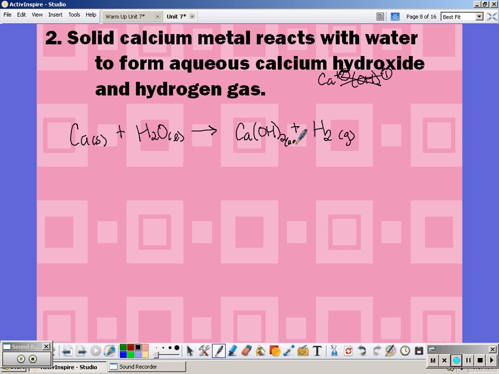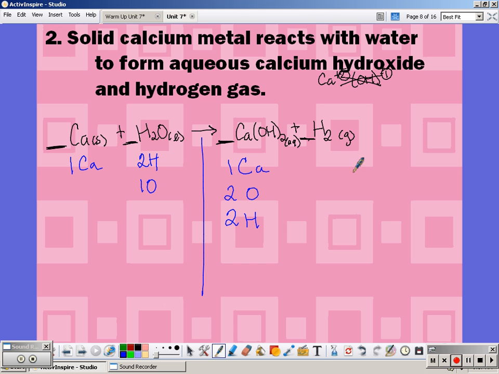Place lines in front of all of our substances. Take the arrow, and that's where I'm going to cut the reaction in half. I have 1 calcium, 2 hydrogens, and 1 oxygen. 1 calcium, 2 oxygens, and 2 hydrogens, and then 2 more hydrogens. So my calcium is balanced.